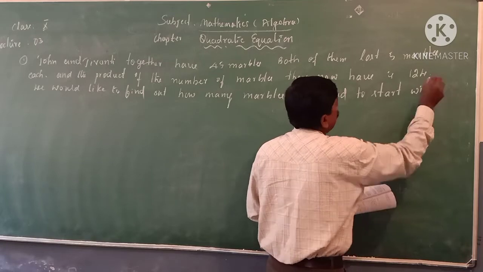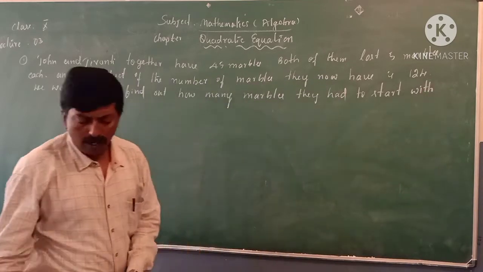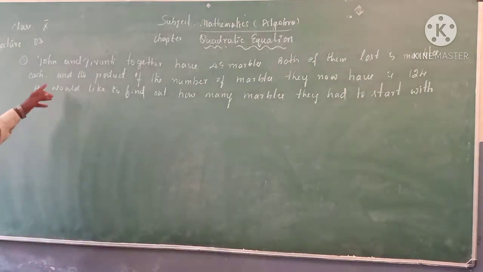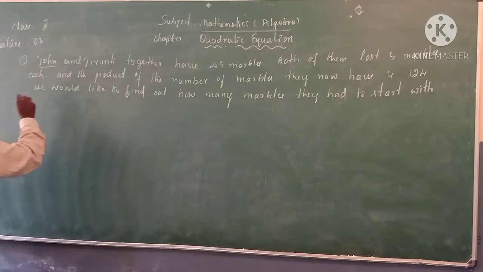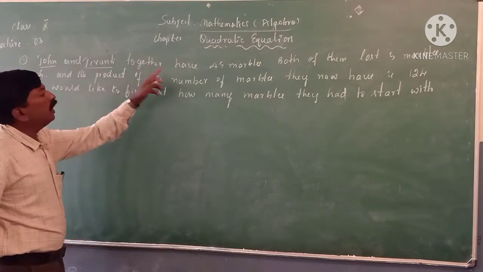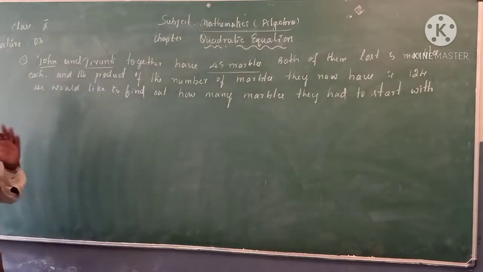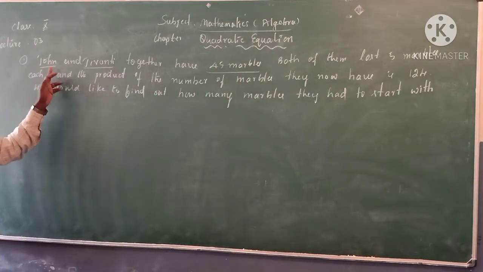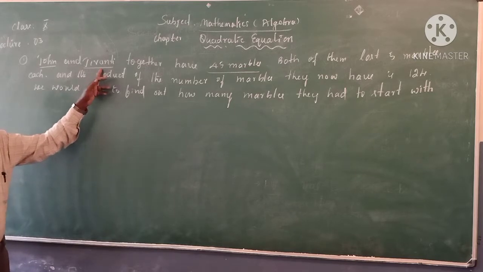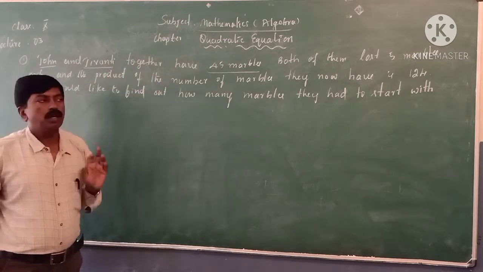So this is a question given to you. Now read the question carefully. John and Jeevanti together have 45 marbles. So it means two persons, one is John, another one is Jeevanti, together have 45 marbles.